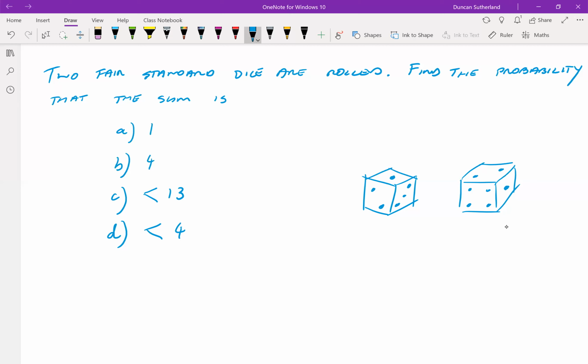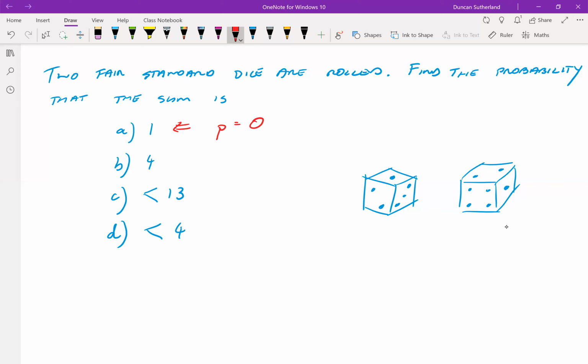So on each die, the minimum's 1. So the sum being 1 is not possible. So the probability here is 0, right? It's exactly equal to 0.